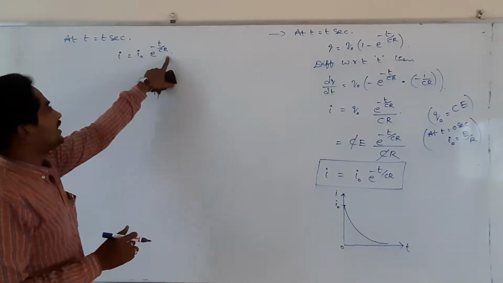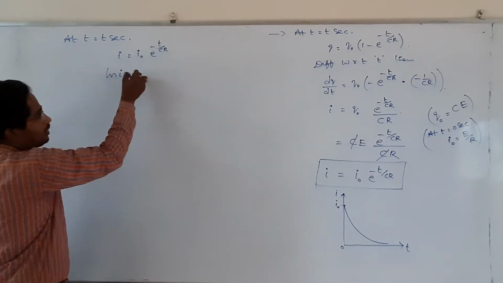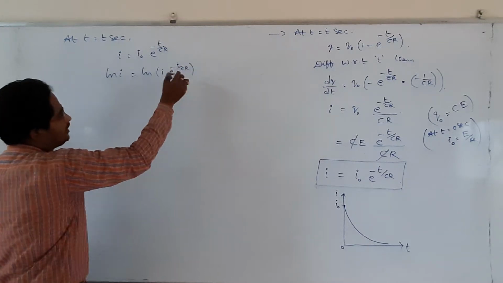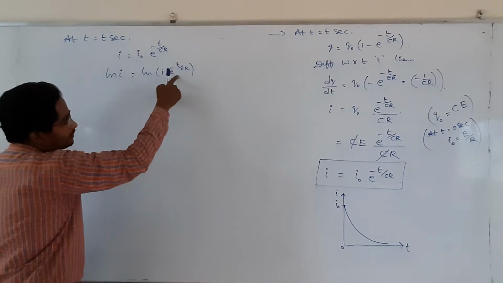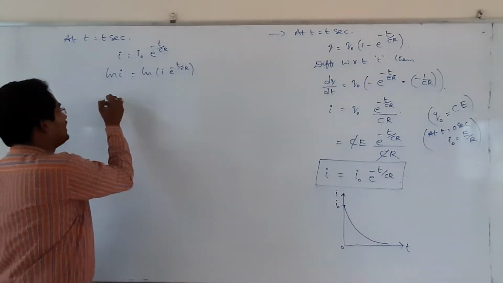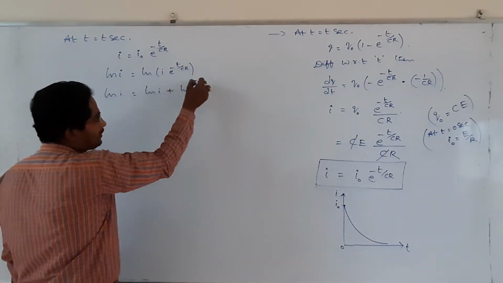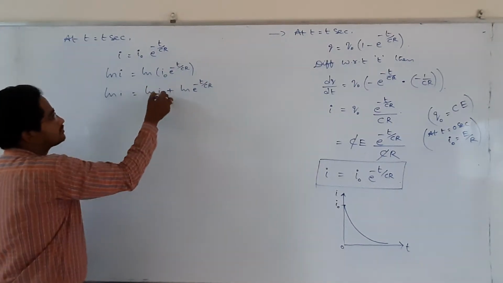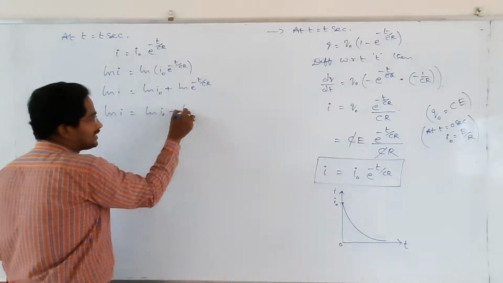I equal to I naught into e power minus t by CR. If you take ln on both sides, ln I equal to ln of I naught e power minus t by CR. It is in the form ln of AB, which means ln A plus ln B. So what we are getting is ln I equal to ln I naught plus ln of e power minus t by CR, which is ln I equal to ln I naught minus t by CR.